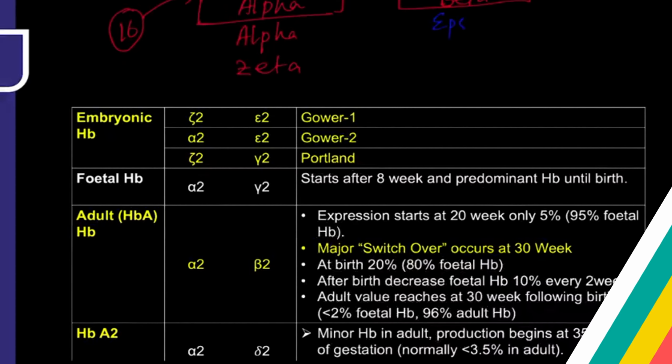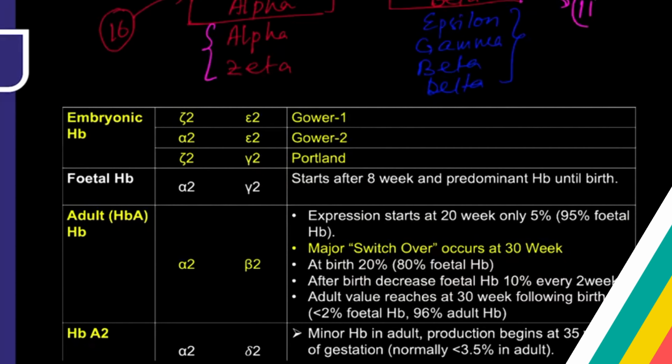Epsilon, gamma, beta, and delta. So these are the members of the beta globin gene family. And what are the members in the alpha globin gene family? Only two members, alpha and zeta. So the beta globin gene family members are expressed on chromosome number 11. So chromosome number 16 contains the genes for the alpha globin family, and chromosome number 11 contains the genes for the beta globin gene family.